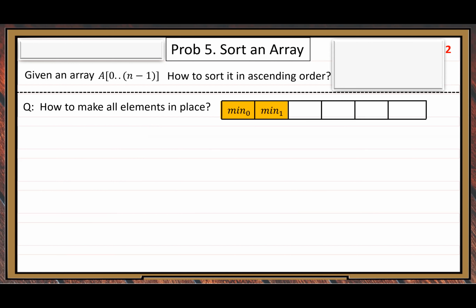Then the second round, we only consider the remaining elements, ignore the first one, then we find another minimum element, we put it in place, and so on. Now, the last one, we don't need to do anything, we just put it in place directly. So that's the whole procedure.